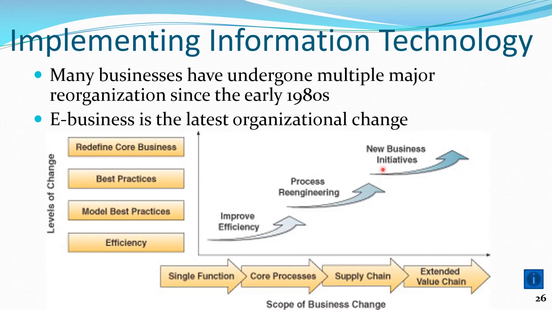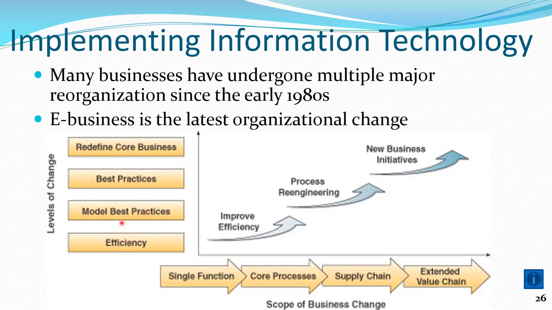So once you think of these several changes, the level of change as here and the scope of business change as here differed, right? Here you can say the level of change is efficiency at the bottom, right? And model-based practices might be there.